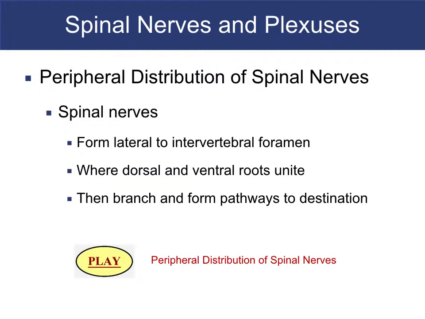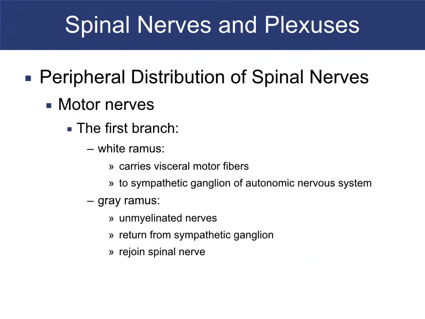So these spinal nerves form just lateral to the intervertebral foramen, which are the holes out the sides, basically. They begin where the dorsal and the ventral roots unite. And then they branch and form a bunch of different pathways to spread all out. This is the white ramus and gray ramus communicantes.